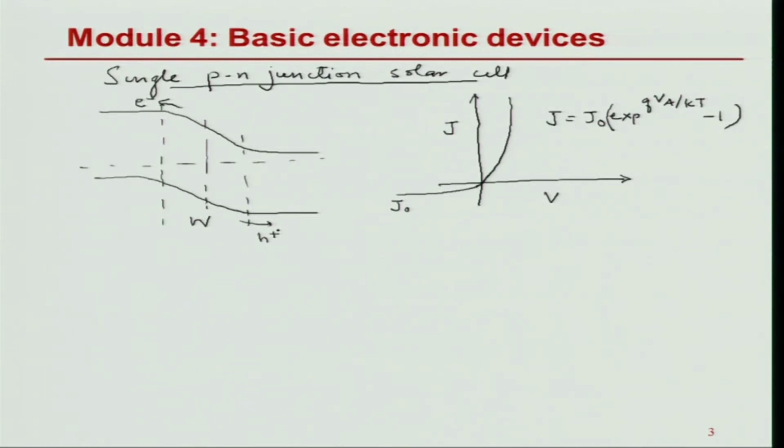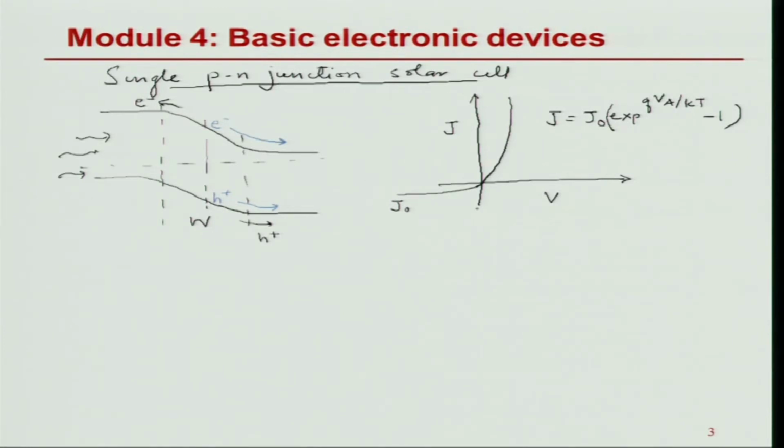Now what has happened? Once I put in photons, I am generating electrons and holes, and the direction they are moving is going to be opposite to the earlier forward current. So you can see that the forward current was coming into the anode, while when I put in the light, the current which is generated is going out of the anode.